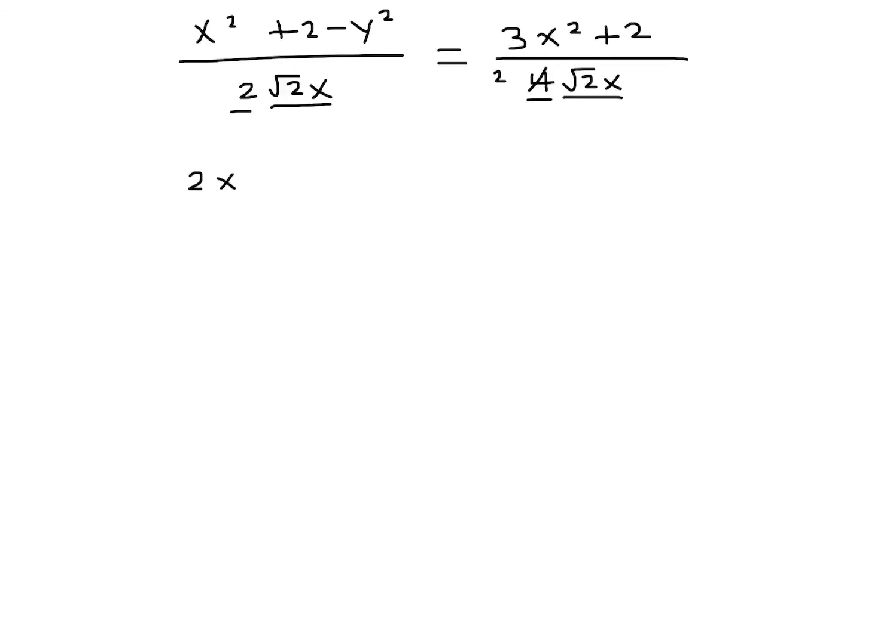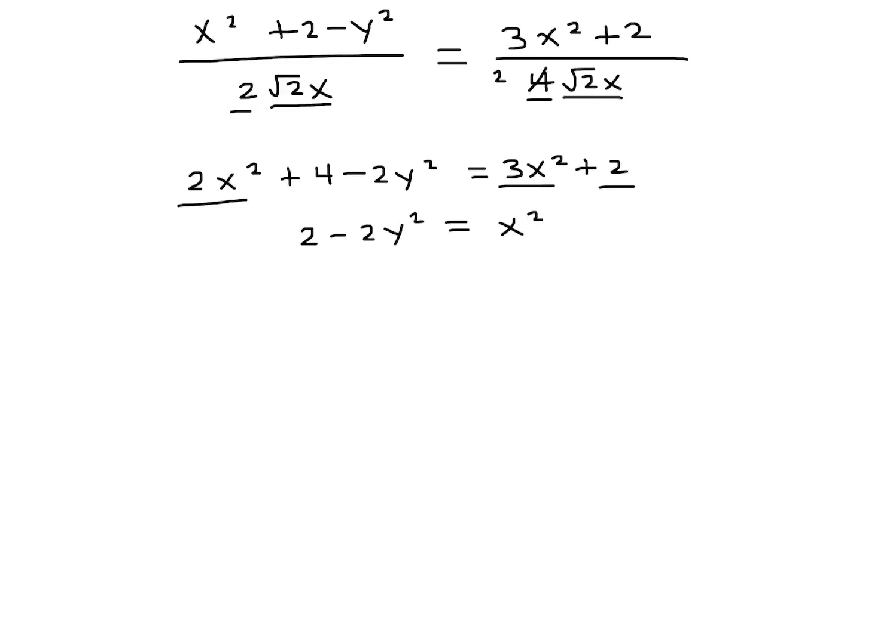Cross multiply the 2, and you get 2x squared plus 4 minus 2y squared is equal to 3x squared plus 2. And let's see here, the x's can be combined to just give x squared, and the 2 can be brought over to give just 2 minus 2y squared, like that.